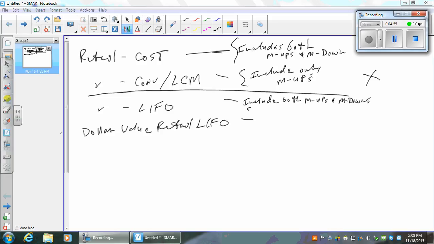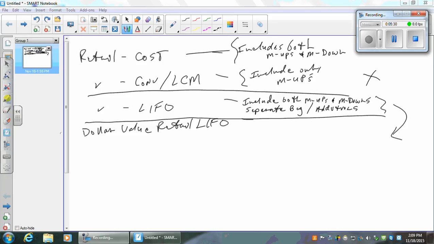Separate the beginning inventory from the additions. So what I'll do is I'll do two cost to retail percentages. One that applies to the beginning inventory and one that applies to the increase in inventory. So you have to have layers of inventory. Okay, got the idea? All right. And then dollar value, what are we going to do? Same thing as LIFO here, but then I'm going to add one other piece, plus what?